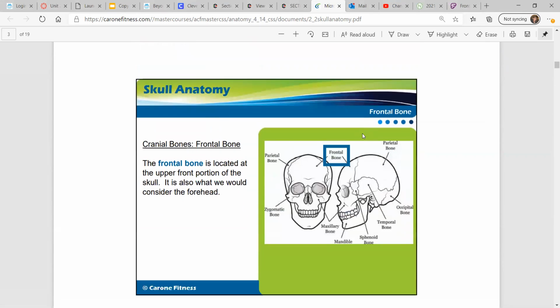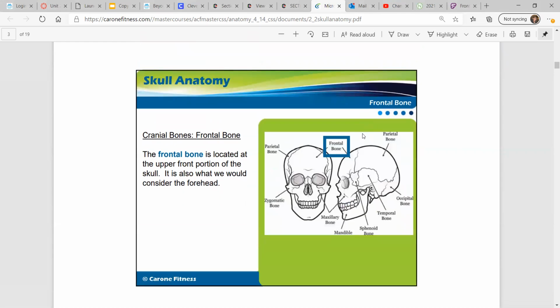Okay. So that frontal bone is located at the upper front portion of the skull, and it's also what we would consider the forehead. So every time you face palm or touch your forehead, you're touching your frontal cranial bone.